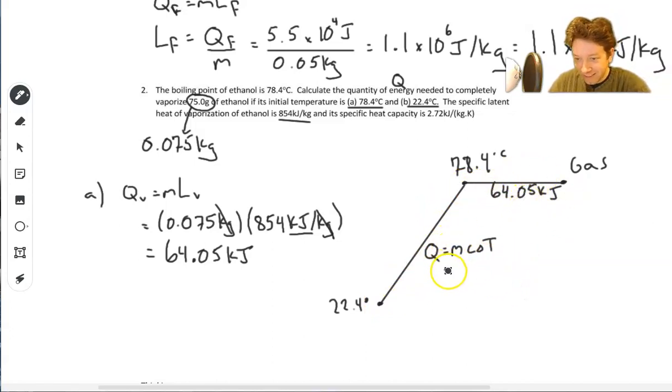So let's solve for this. We know the mass is 0.075 kilograms. Its specific heat capacity tells us, and again, be careful, it's telling us kilojoules, not joules. So make sure you keep your units so you know what you're getting out of it.